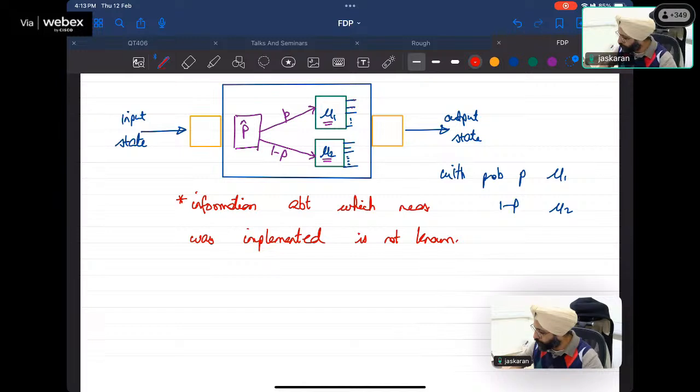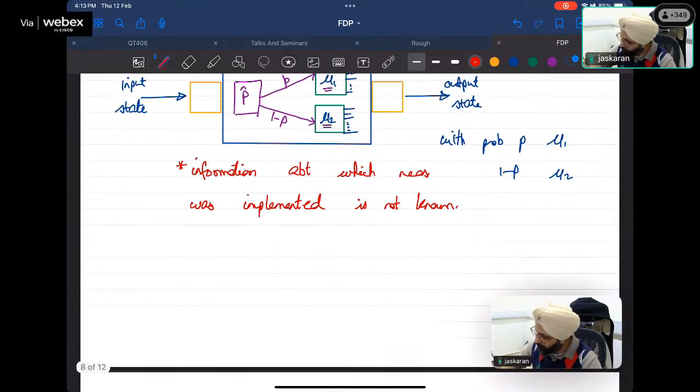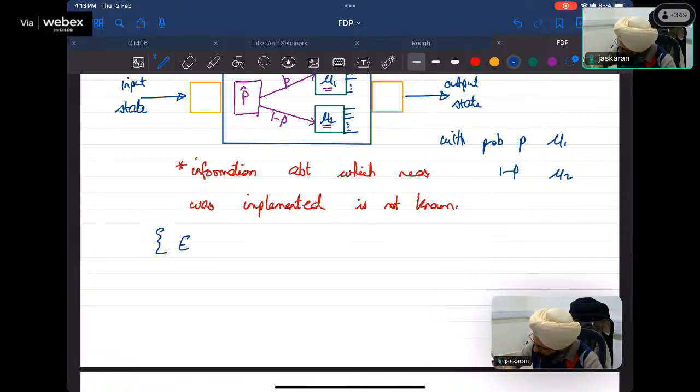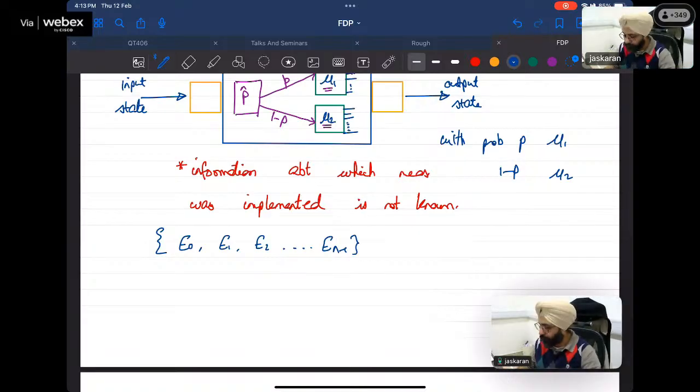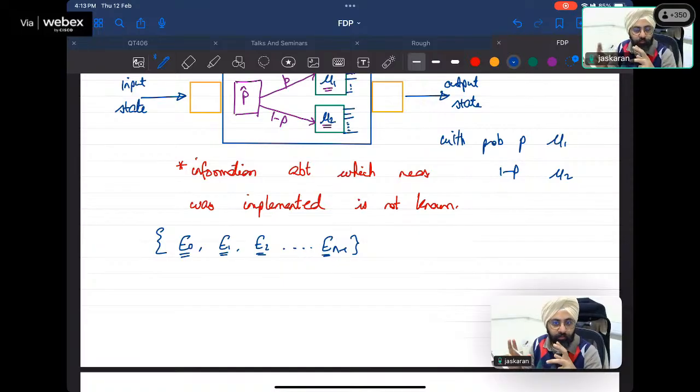Now what we can do is have several different outcomes, and we can label the outcomes by some variable, let's say E0, E1, E2 and so on up to En minus 1. These are the outcomes that we are going to get, not the classical outcomes, but rather corresponding to the classical outcomes. Earlier we had projectors, we now have some operators.